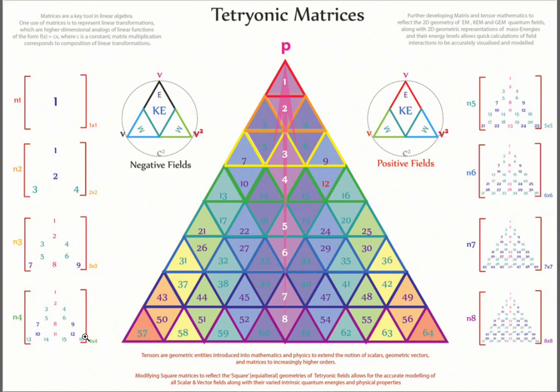We can, interestingly enough, rearrange square matrices to be, of course, equilateral geometries. In this case, what I've done is I've taken the typical square matrices of relativity of 1 by 1 through to 8 by 8 quantum levels and rearranged them in terms of their energy momenta or their EM properties.